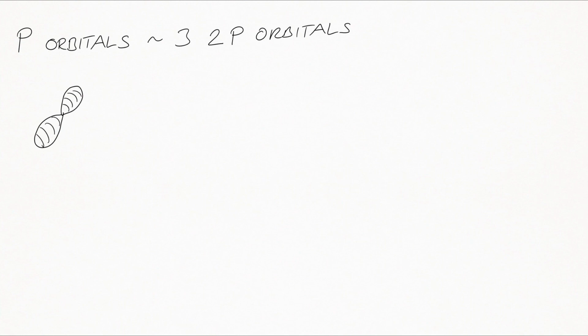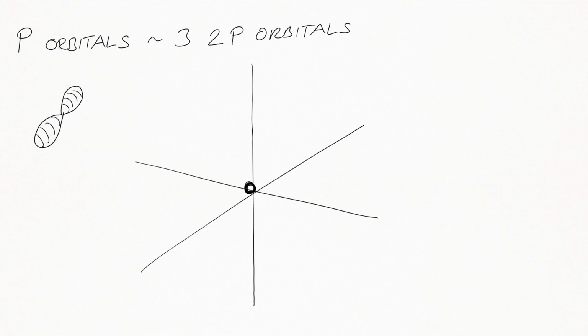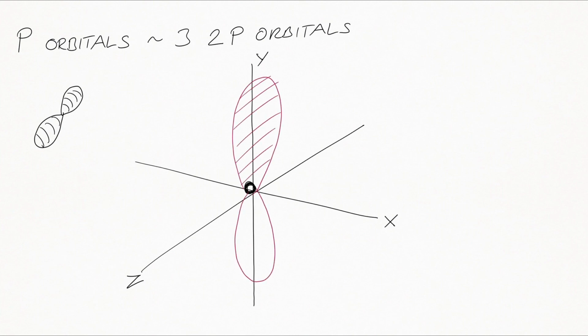So let's do another example. If we draw our nucleus again, and draw some axes through it, so we have our y-axis, our x-axis, z-axis, we can then start to describe what these p orbitals look like. When we add our fifth electron, it might be located somewhere within a p orbital, so it could be located somewhere within this.